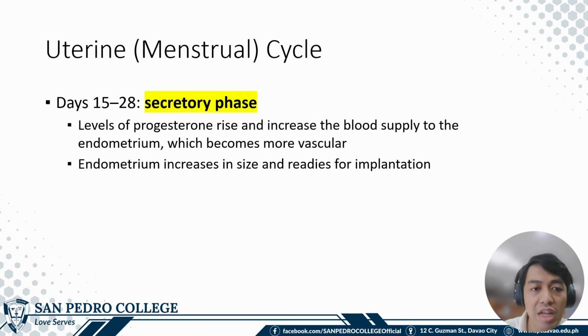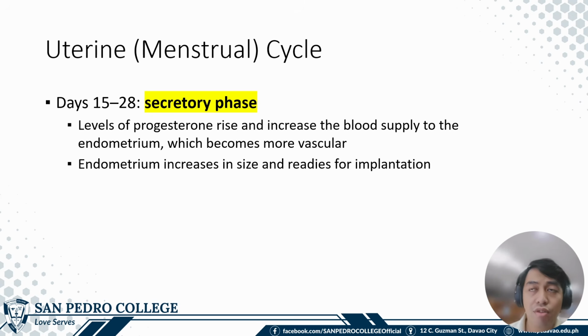During the secretory phase, after day 14, the levels of progesterone begin to rise and increase in the blood supply. And then it develops the endometrium or thickens the endometrium, which becomes more vascular. So during the secretory phase, the increase in progesterone is because of the corpus luteum.